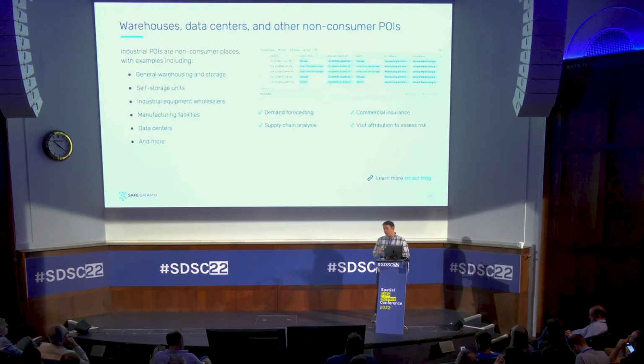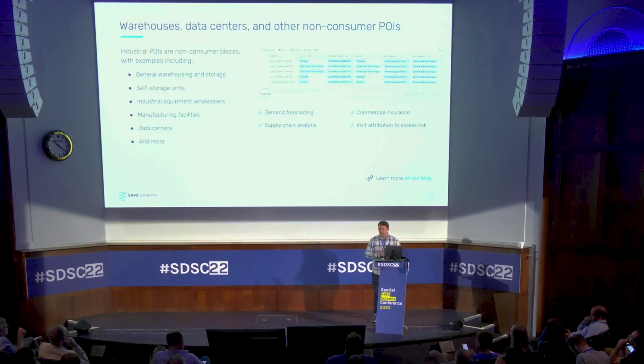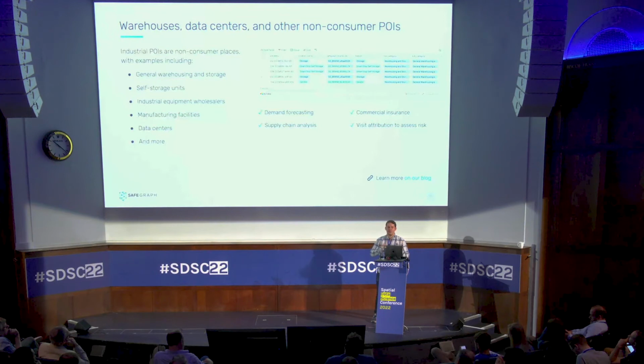And so this is what we would consider our industrials categories. Broad categories for those would be warehousing, data centers, broadly non-consumer POIs. And these are things that, depending on your use case, can be fairly important, but require different sourcing and POI building as you continue to dive in.